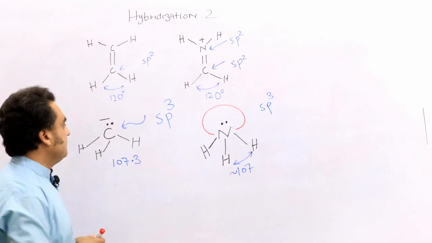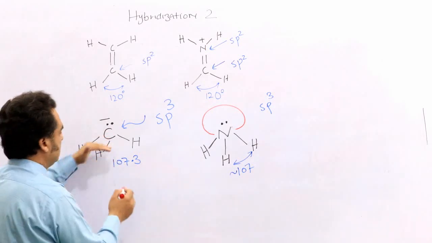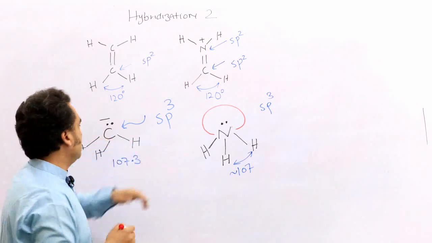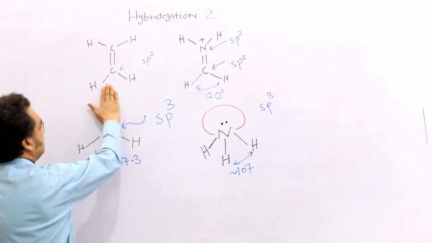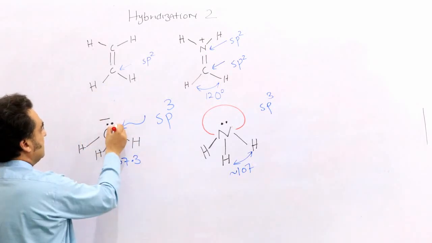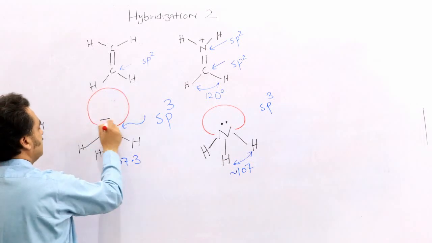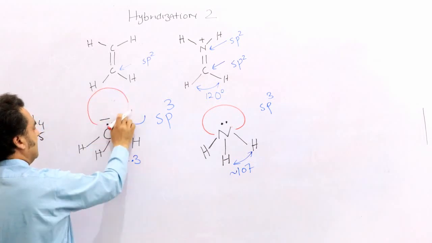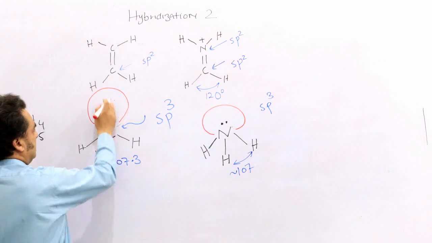And this carbon atom is a little bit less electronegative than the nitrogen atom, so its lone pair is a little bit above, extended outward.